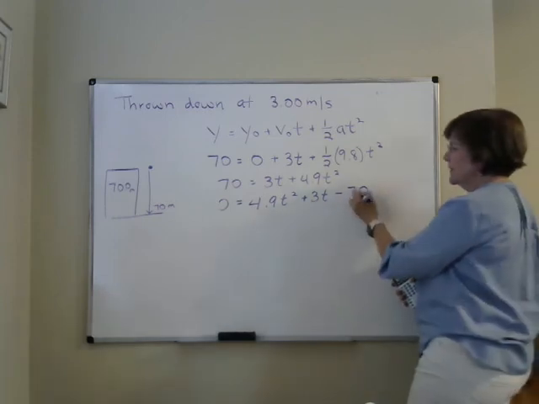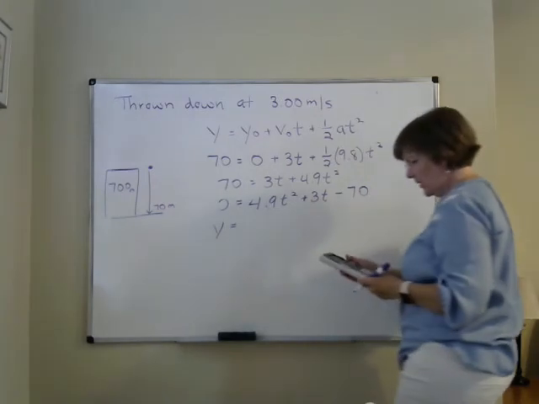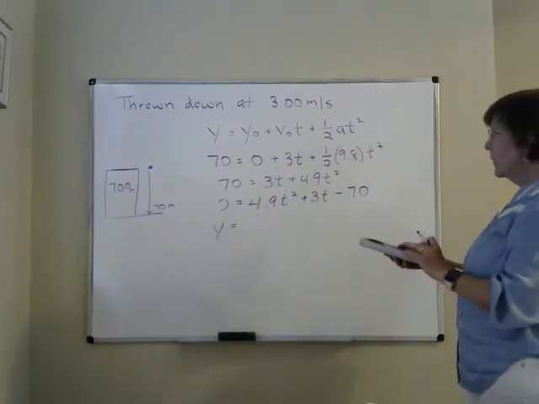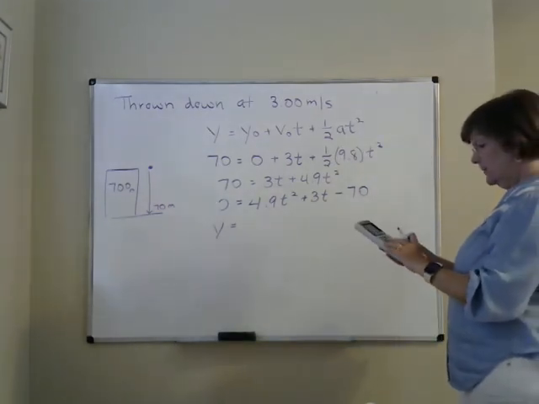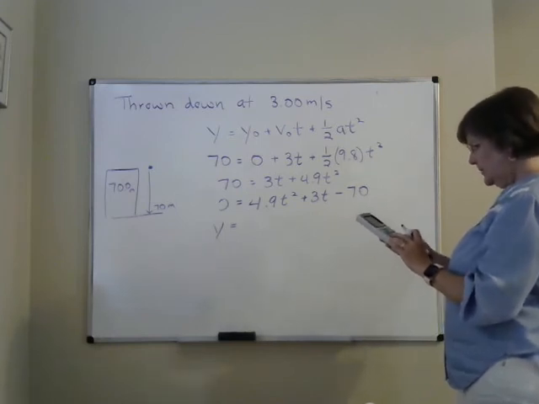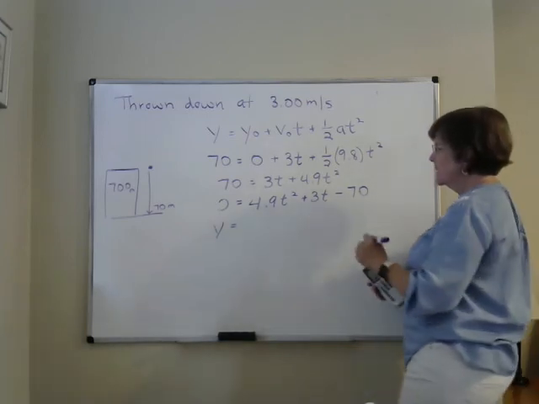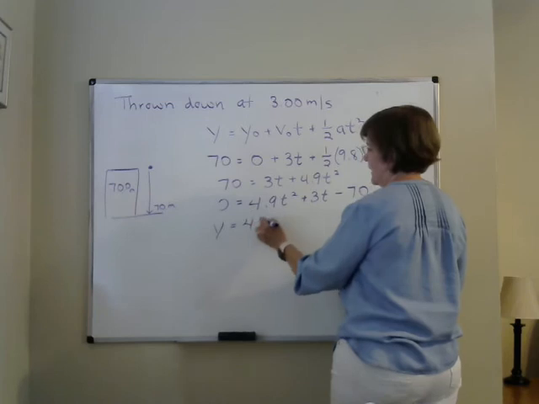If I type this in y equals on my graphing calculator, and I hope you're all really comfortable with that, y equals 4.9, of course you have to use x instead of t, x squared plus 3x minus 70. I want to know when that equals 0.